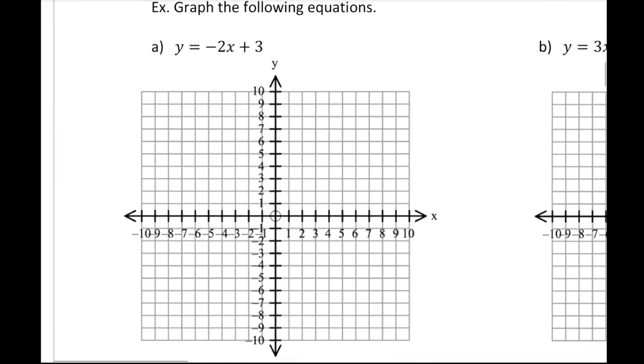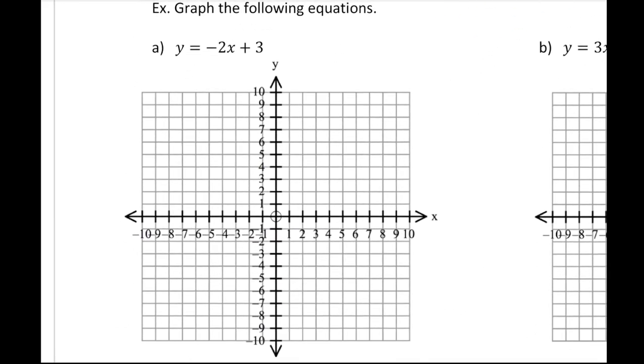So if I look at A, y equals negative 2x plus 3. Looking at my equation, I have my m value of negative 2 and my b value of plus 3. Again, the b value is the y-intercept, so if I go up to plus 3 on my y-axis, I'll have a point.